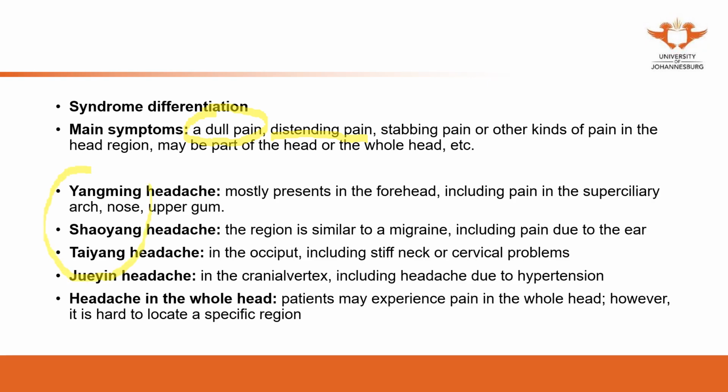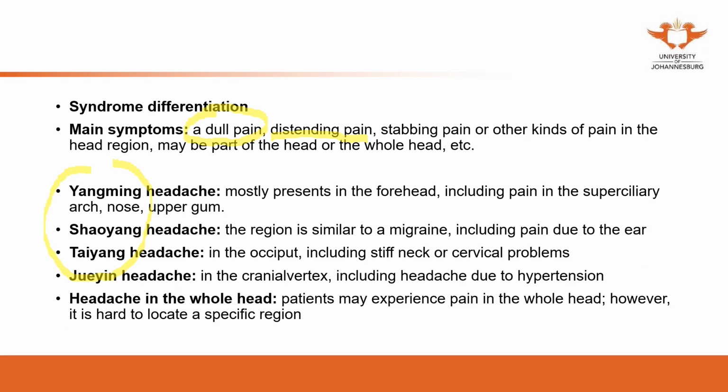These headaches we have introduced in the basic theory. From the first year, we have introduced these terms. Why do we diagnose this patient as Yangming headache? That's from the presentation, the location where the patient feels pain.